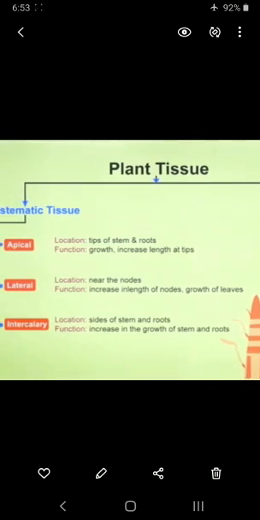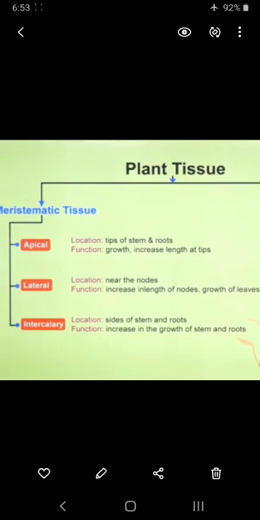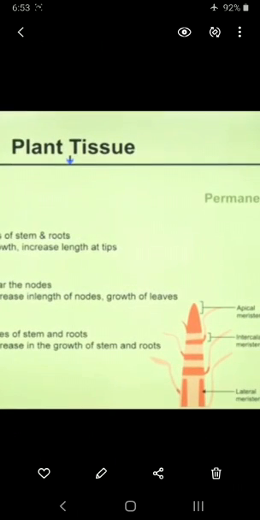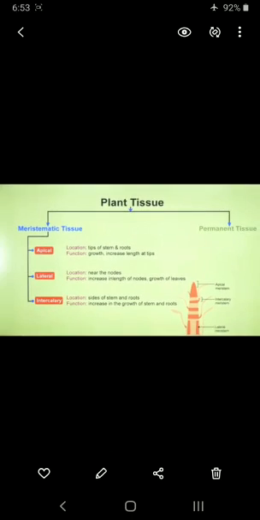Next is the intercalary meristematic tissue. Where are these present? These are present at the side of the roots and stem, and its function is to increase the growth of the stem and root.